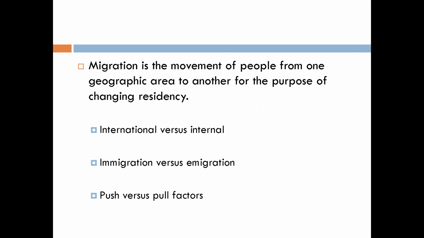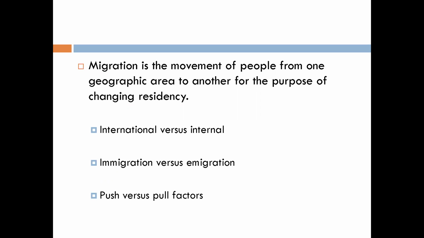Migration is the movement of people from one geographical area to another geographical area for the purpose of changing residency. What are the key words in the sociological aspect of migration? At first, it is movement. Second, geography. Third, residency. So, movement from one geographical area to another geographical area.